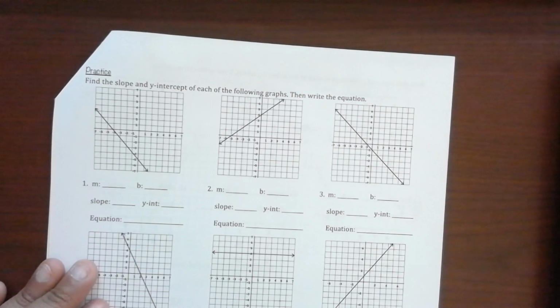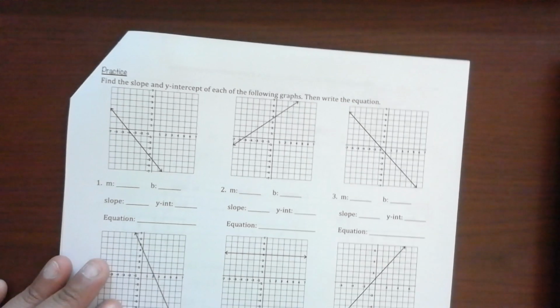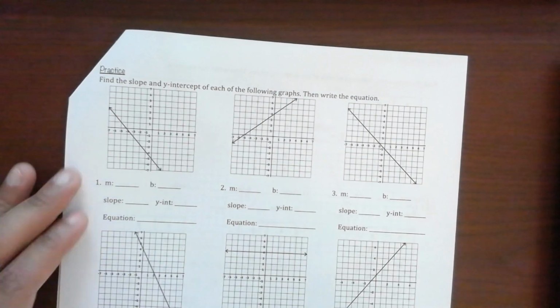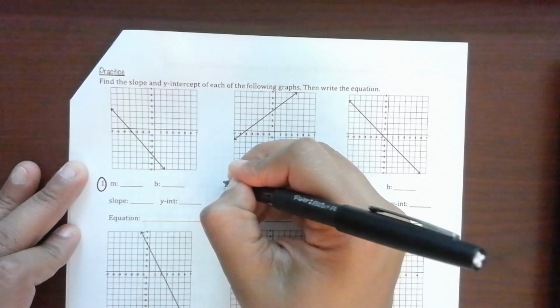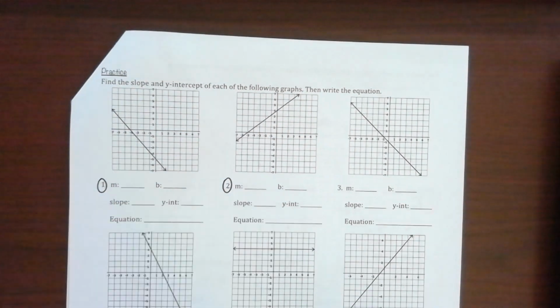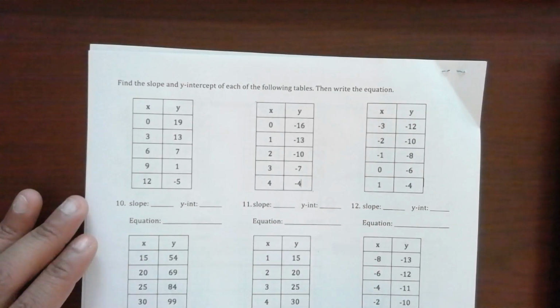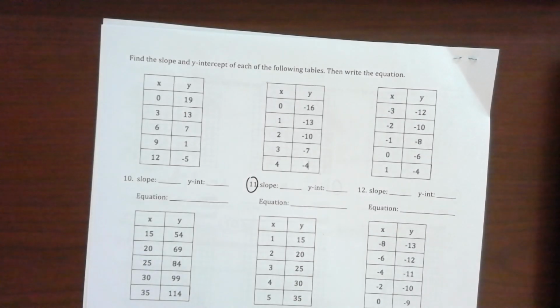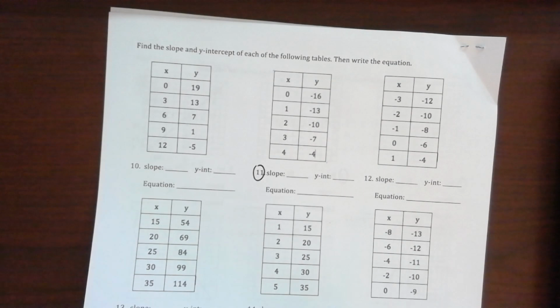So, the questions I want you to do, please and thank you, is question number 1 and 2 for these. And then do question 11 on the tables. So it's 1, 2, 11.